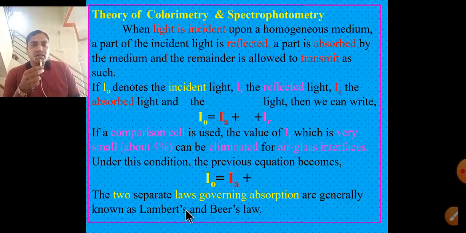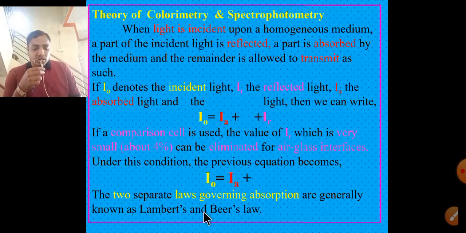Lambert's law states that when a beam of monochromatic radiation passes through a homogeneous absorbing medium, the rate of decrease of intensity of the radiation with thickness of the absorbing medium is directly proportional to the intensity of the incident radiation.